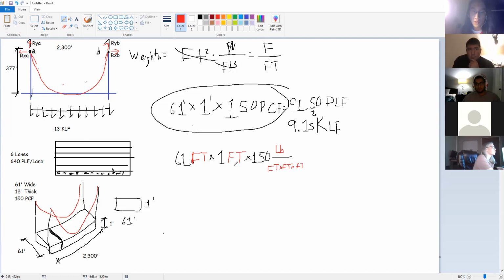This is all being multiplied together, so you can treat it as one sort of unit. Feet cancels out with feet. Feet cancels out with feet. And you're just left with pounds over feet, pounds per linear foot. Then you can just multiply 61 times 1 times 150 to get your 9,150 pounds per linear foot. Cool?